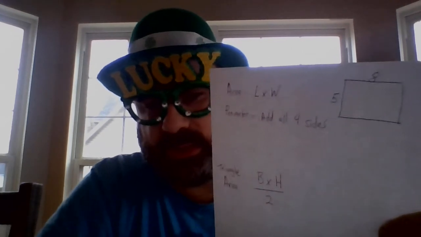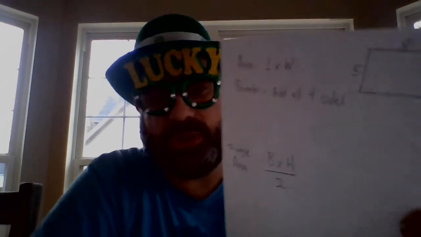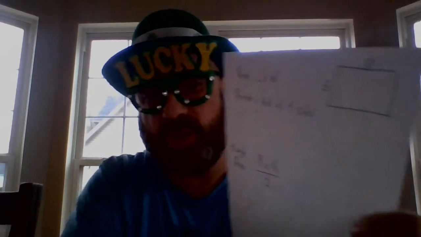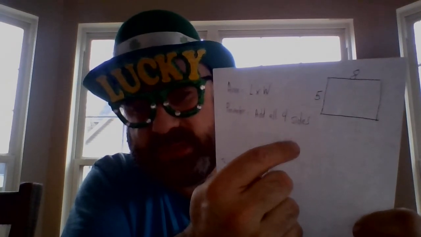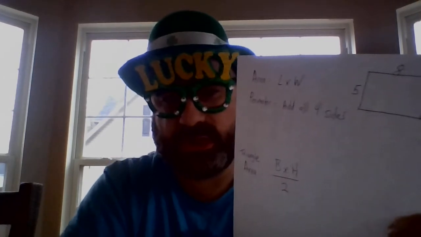But there's more to it than that. Every shape has units. So this could be inches or yards or meters or feet. On your worksheet, I want you to use centimeters. So your answer will be 8 times 5, which is 40, and then do cm and the little 2. That would be 40 centimeters squared.